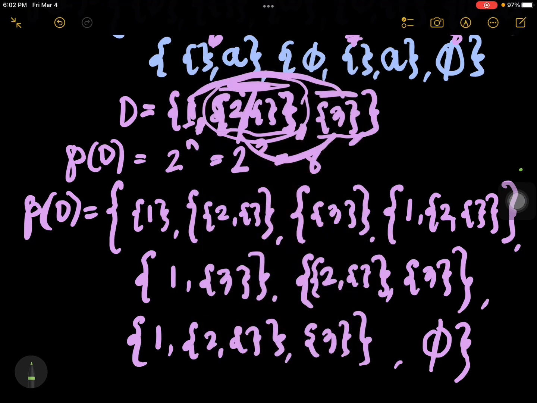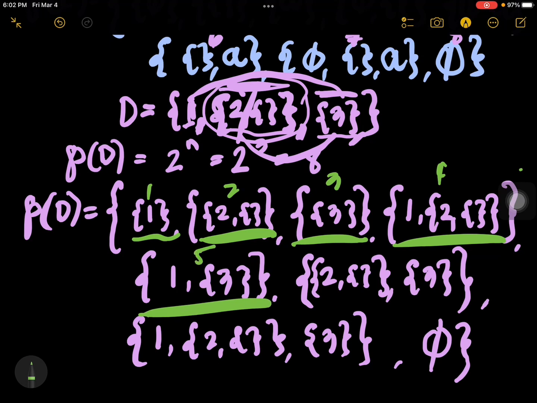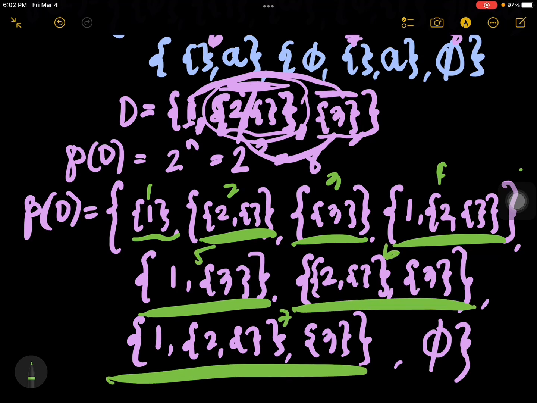So let's try to count. 1, 2, 3, 4, 5, 6, your 7, and your 8. Perfect. So again, it's individual, and then you have by twos. After by twos, you have the whole set, and then the null set. So this is power set.